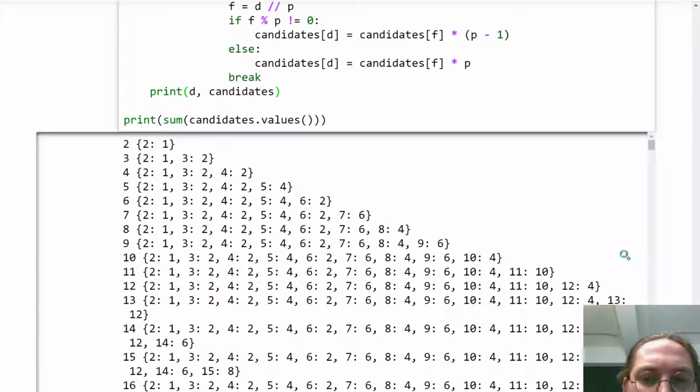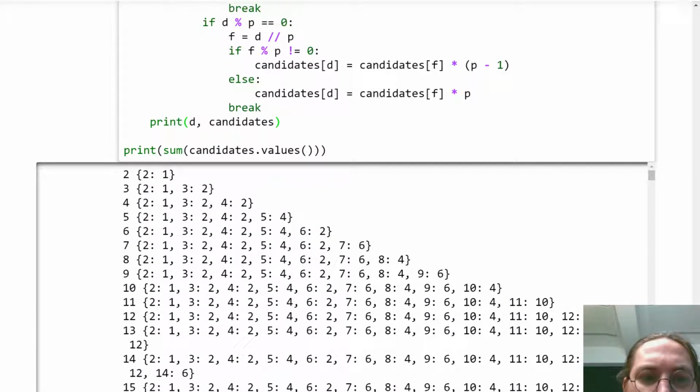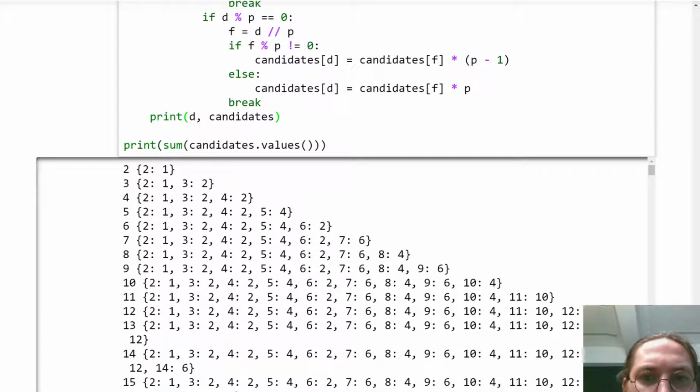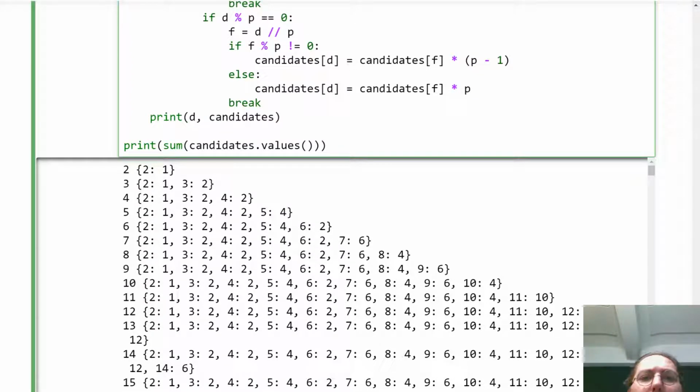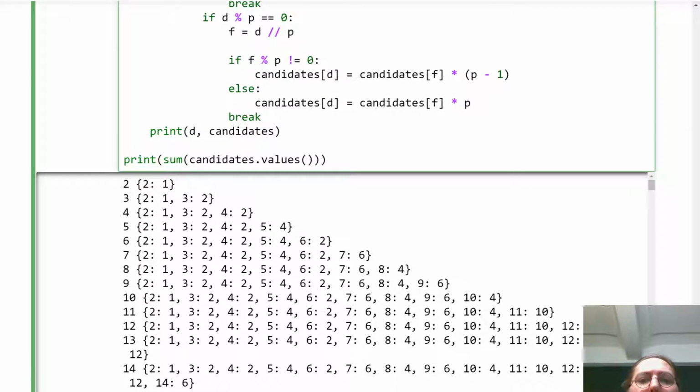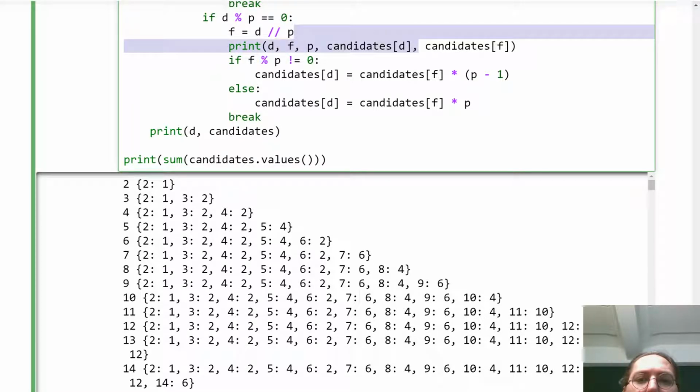That's only the array of candidates. You need to print it here. You need to tell it whether you did 2 times. Yeah, let's do it. Just print this line. Let's do print D, comma F, comma candidates D, candidates F. And print it after before the break. Of course. Well, candidates D is not populated yet, so I'll move it past.